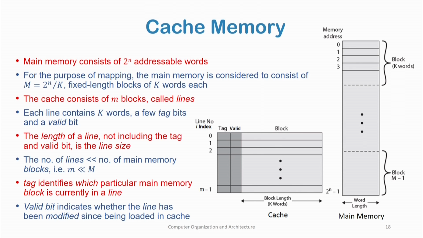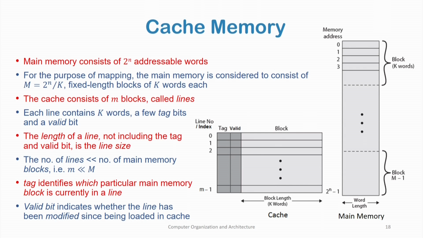So, we have a main memory which consists of 2^n words or bytes, and a block consisting of K words or bytes each, and so the number of blocks we have in main memory is given by 2^n / K. The cache contains m blocks called lines.